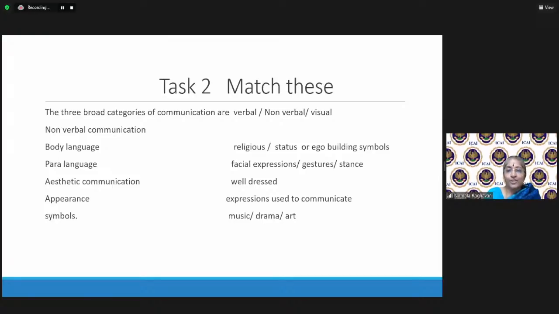Paralanguage is expressions used to communicate. Aesthetic communication is music, drama, art, dance. That's aesthetic communication. A thing of beauty is a joy forever. Appearance is about being well dressed. Symbols: religious, status, or ego-building symbols.